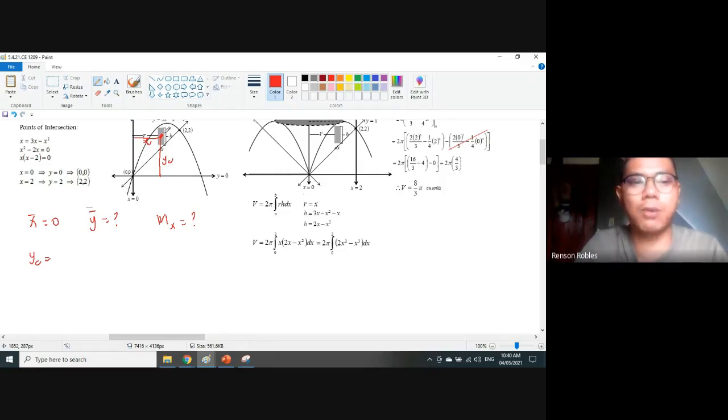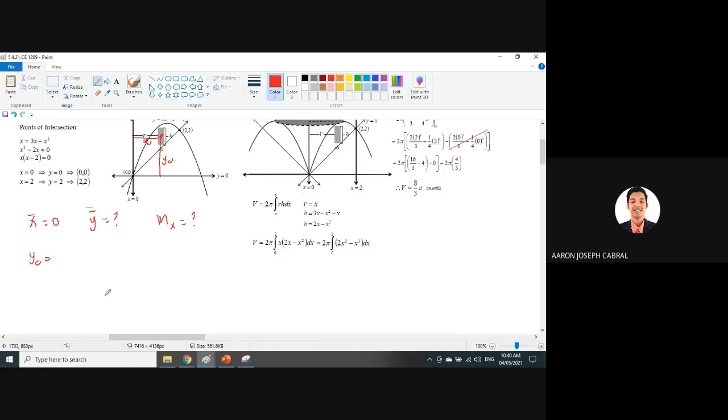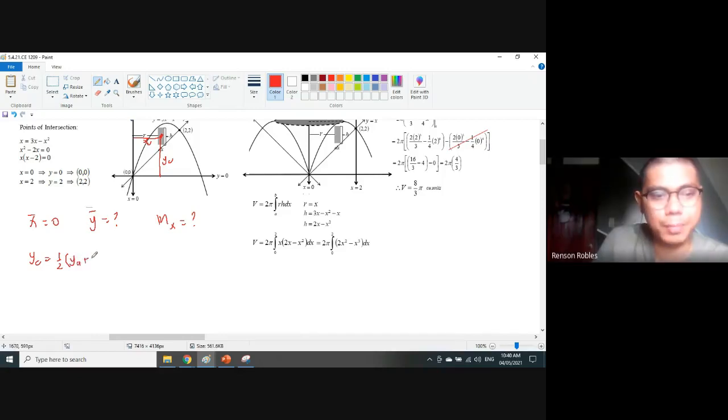Now, what will be our YC? The element is vertical, not touching the x-axis, so YC is 1/2 times Y upper plus Y lower. And what is Y upper?